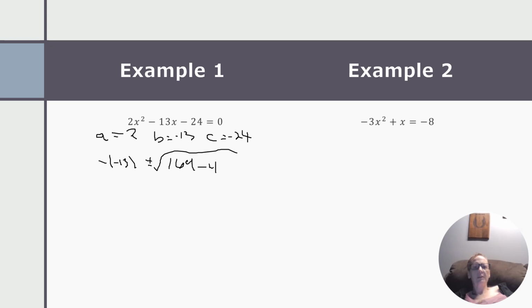Minus 4 times a, which is 2, times c, which is negative 24, all over 2 times a, which is 2.